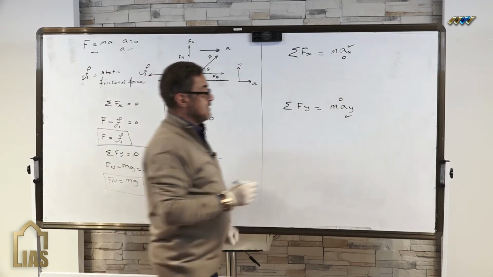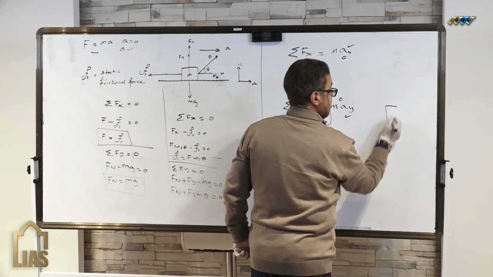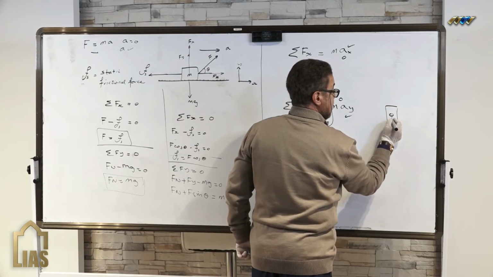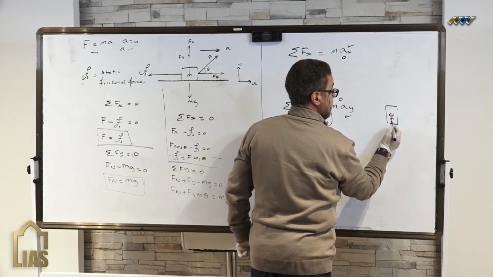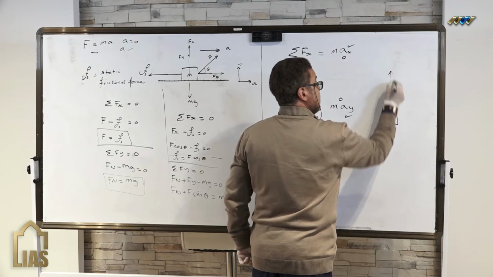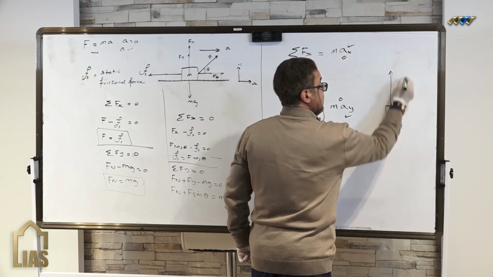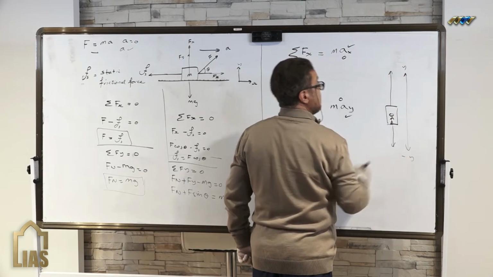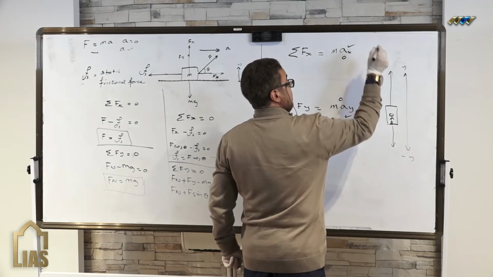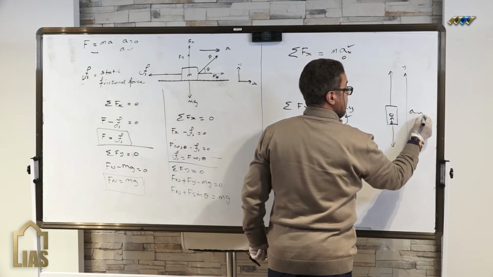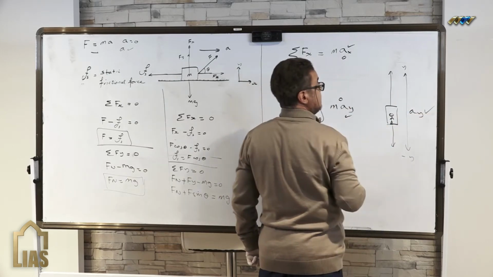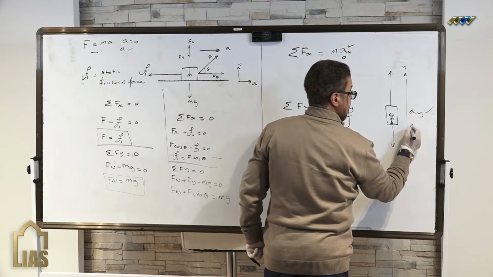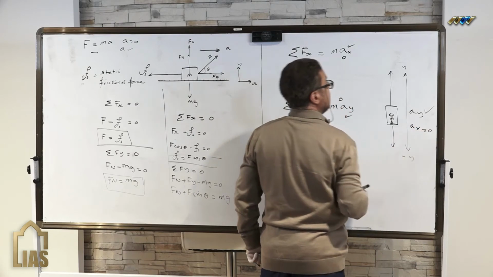Okay, this is an elevator. The elevator is moving only in y, either y or minus y. Then ay we have it, ax is 0.